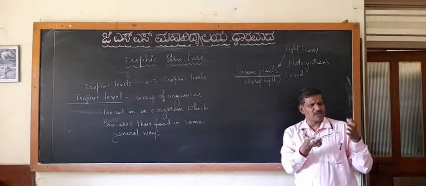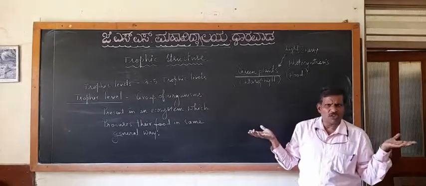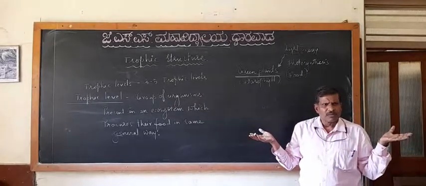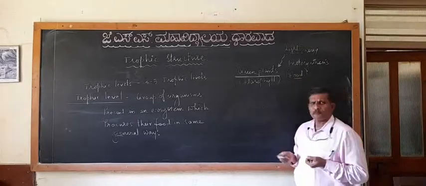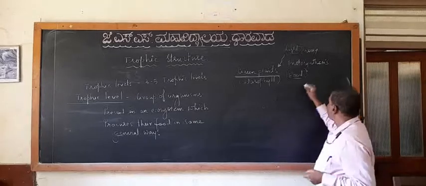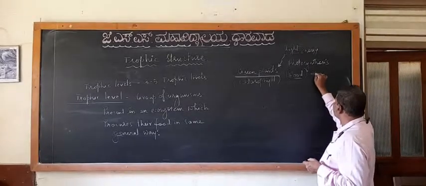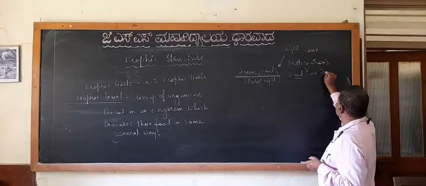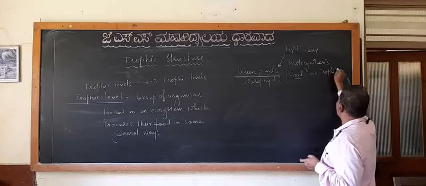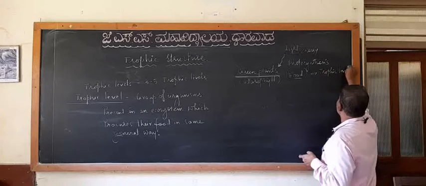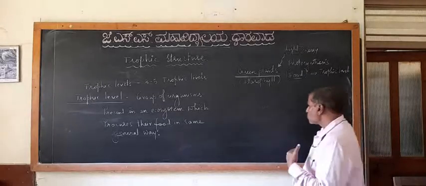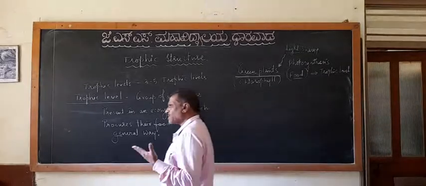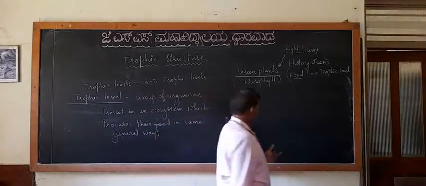Whether the green plant is small or large, they carry out the photosynthesis process and produce their food. That's why we consider all the green plants as one trophic level. They belong to one. Suppose you take an ecosystem such as a grassland ecosystem.